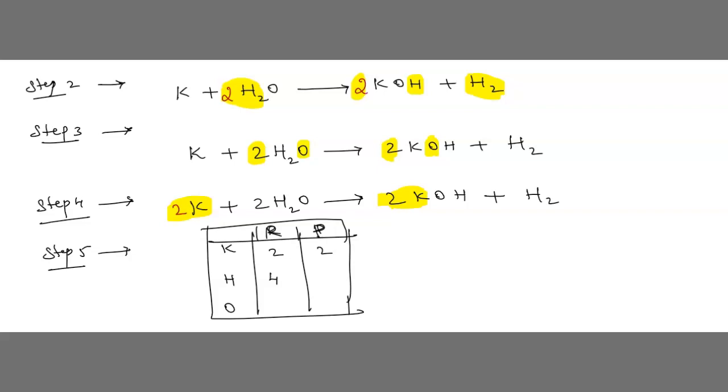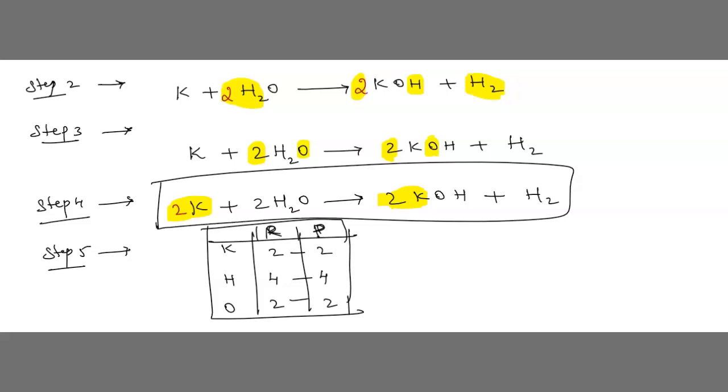How many H? 2H plus 2H, 4H. How many O? 2O. How many O? 2O. We can see this on both sides. LHS is equal to RHS. That's nothing but 2K plus 2H2O gives 2KOH plus H2. Now this equation is known as a balanced chemical equation.